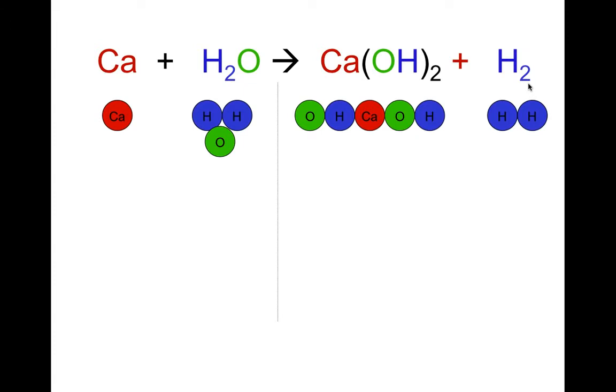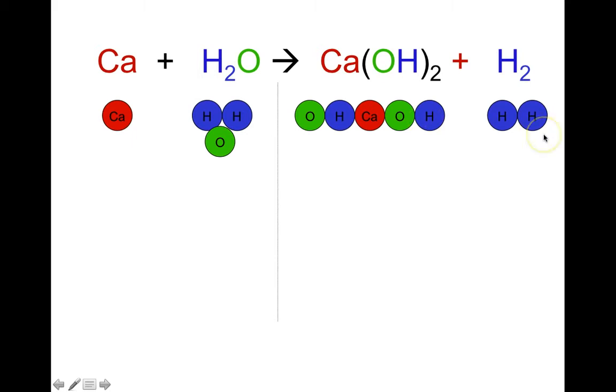Now looking at it, I can see it's not balanced. For one thing, there's only one oxygen atom on the reactant side, but there are two on the product side. Another problem is on the reactant side there are two hydrogen atoms, and on the product side there are four. 1, 2, 3, and 4.